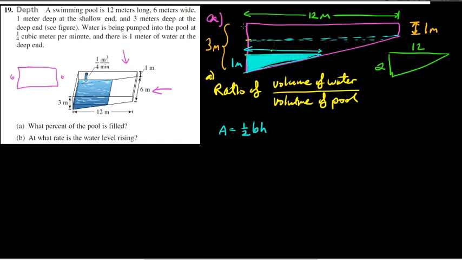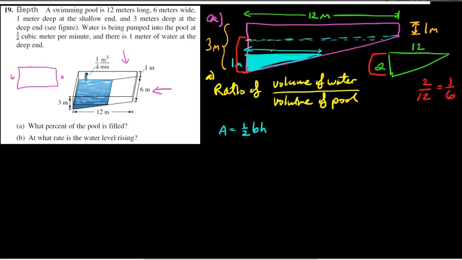Now, if you're thinking, wait a minute, it's 3 meters high, that's true, but we're not going from here to here, right? We're only going to the shallow end, which is 1 meter deep. So 3 minus 1 is 2. So this part here, that's the 2 meters. Okay, so rise over run is 2 over 12, or 1 over 6.